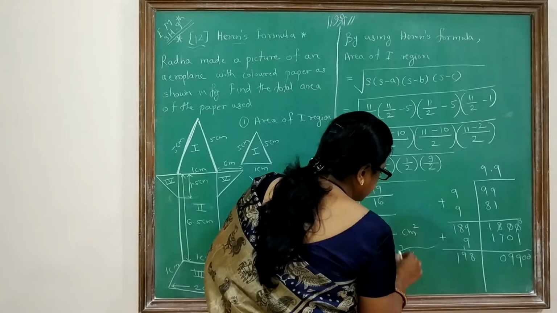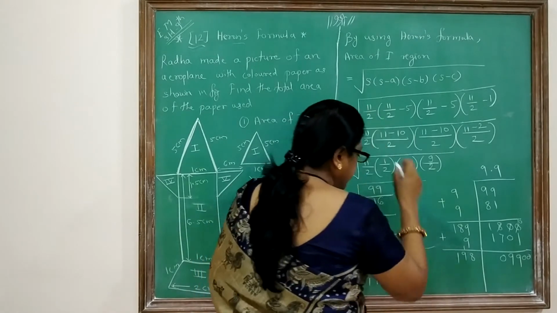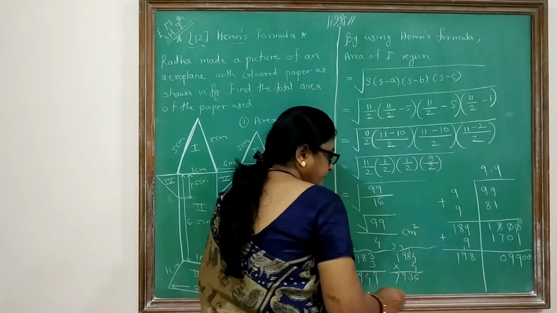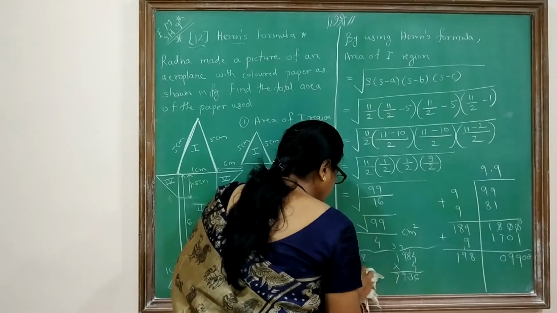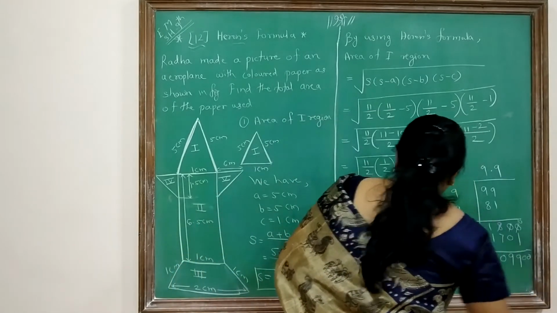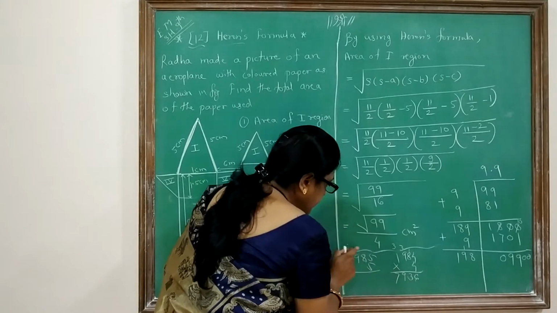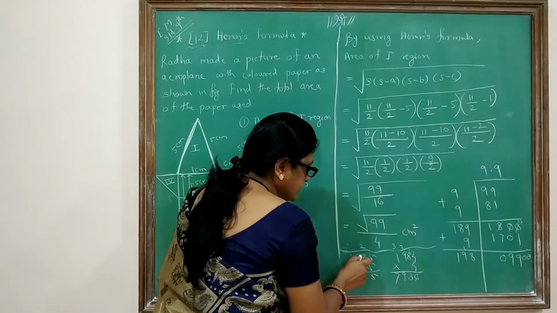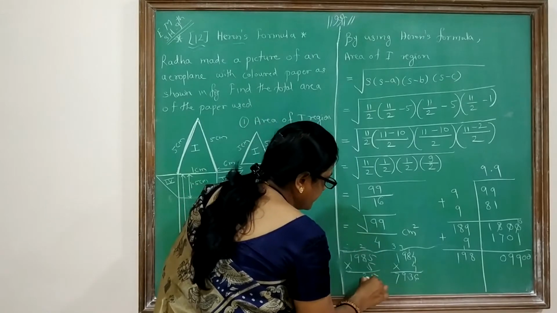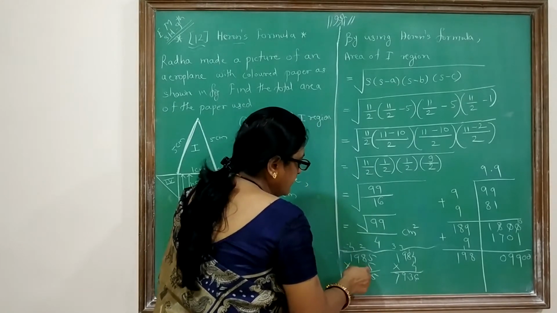Then 1985 multiplied by 5, that is 5 fives are 25, 8 fives are 40, 9 fives are 45.